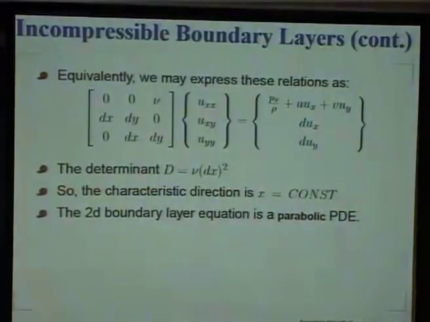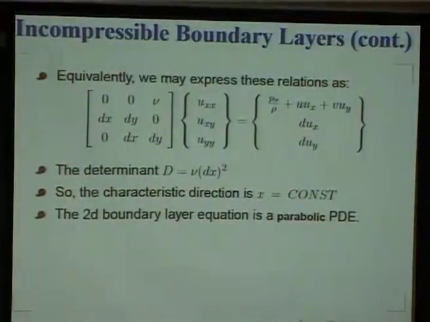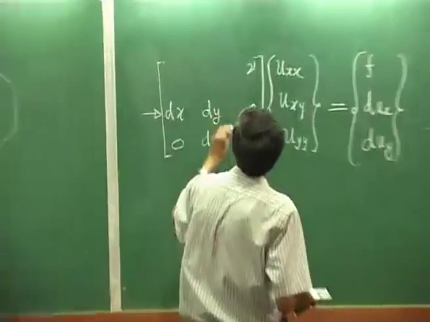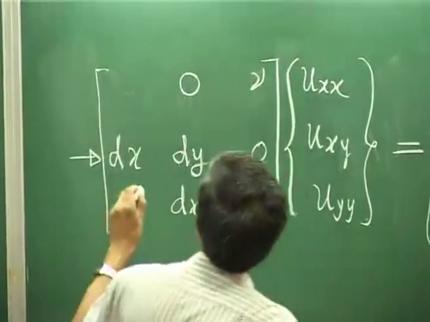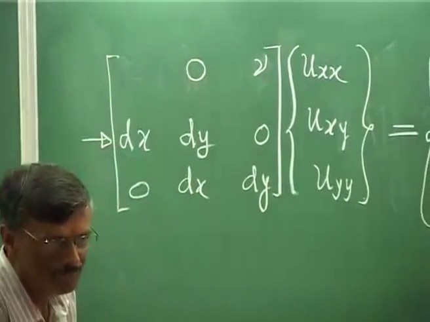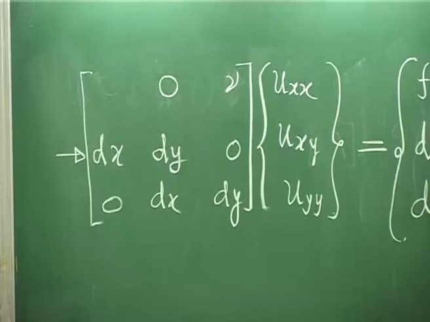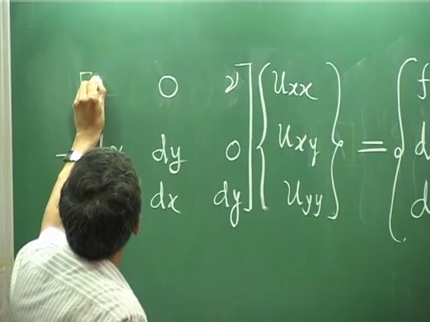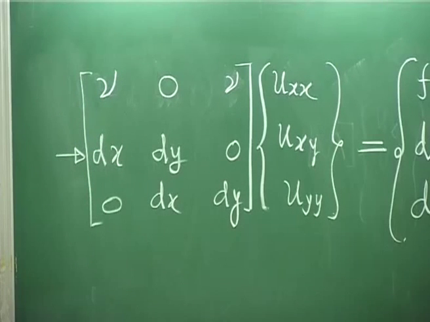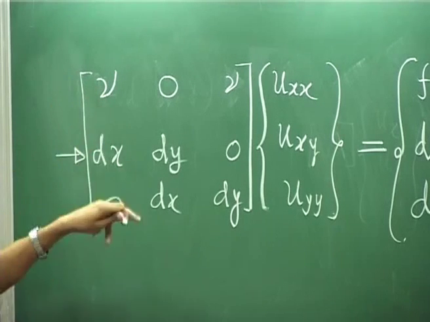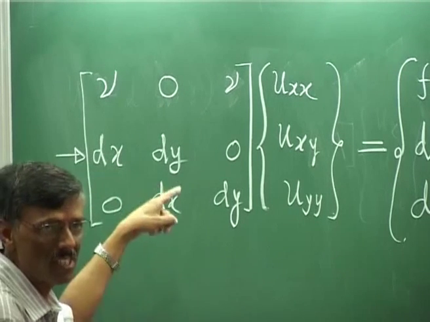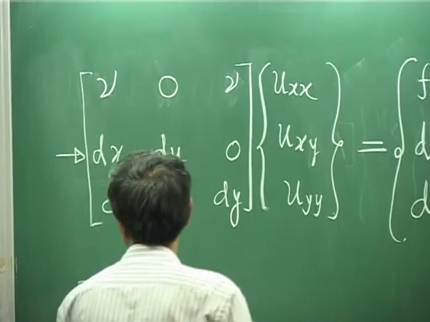So, if I look at that, for boundary layer approximation, this is nu, and if I wouldn't have made that boundary layer assumption, then I would have also had a nu here. Now, you try to work out the characteristic determinant, what you would find.